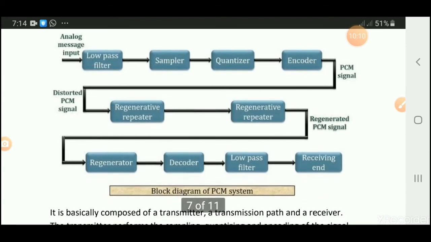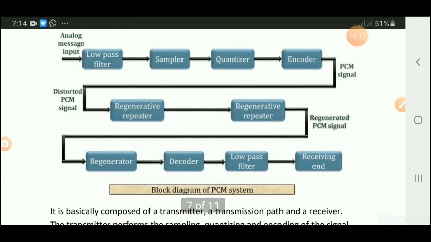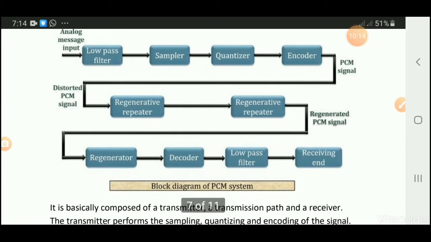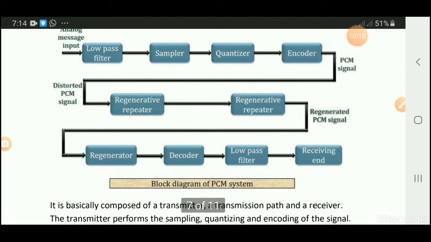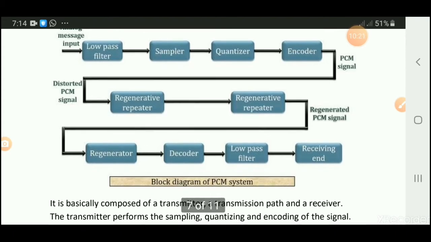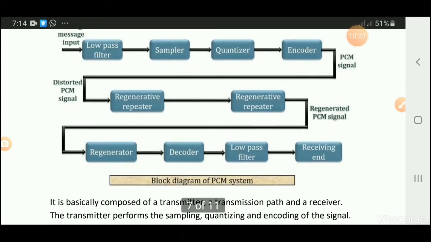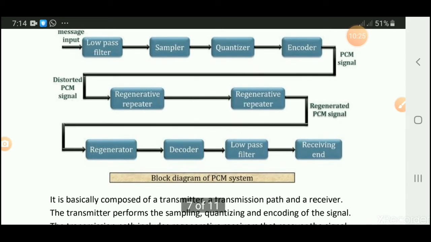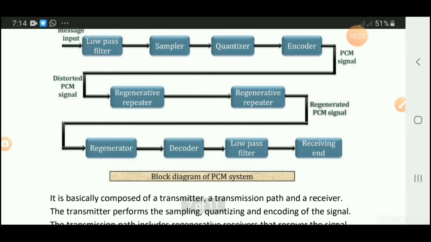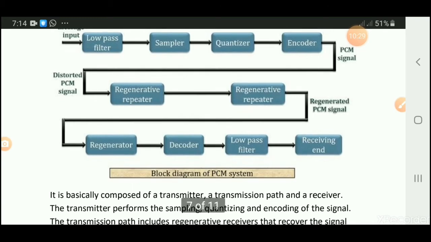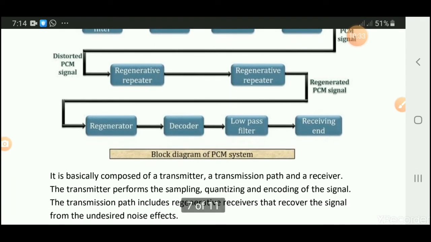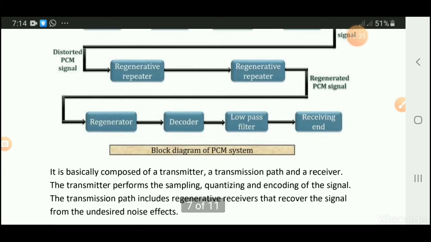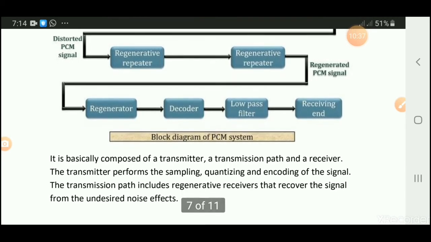The analog message signal is the input given to the low pass filter, then the sampler, next to the quantizer and encoder. The PCM signal output is taken to the regenerative repeater, where a distorted signal can be reconstructed. The regenerated PCM signal is then given to the regenerator, decoder, low pass filter, and the receiving end.